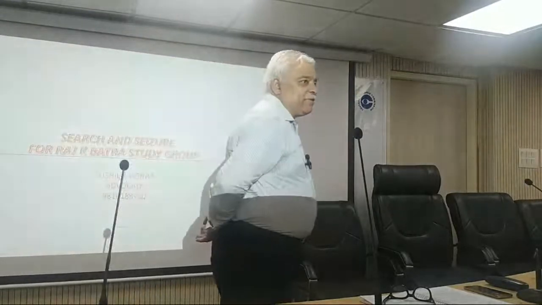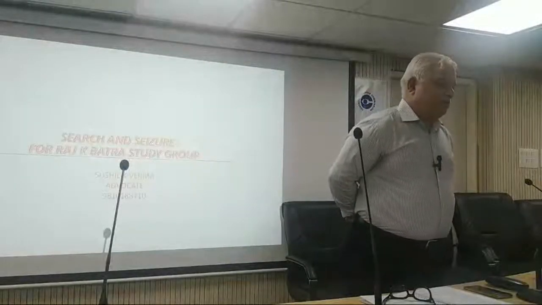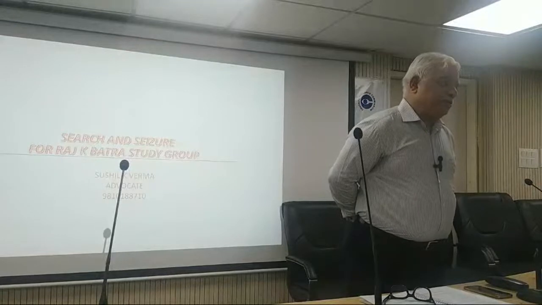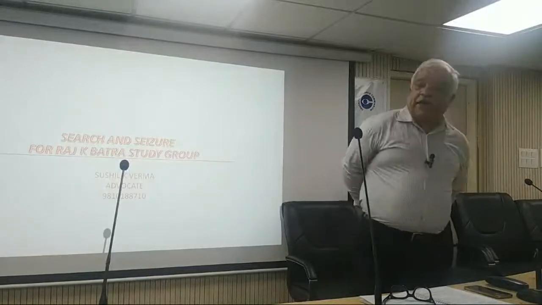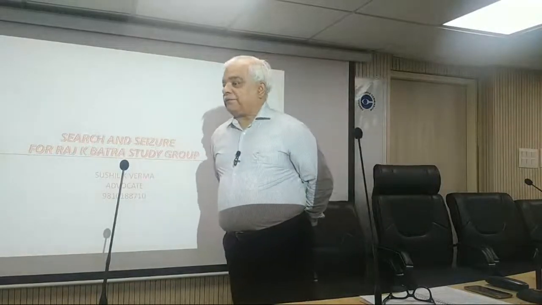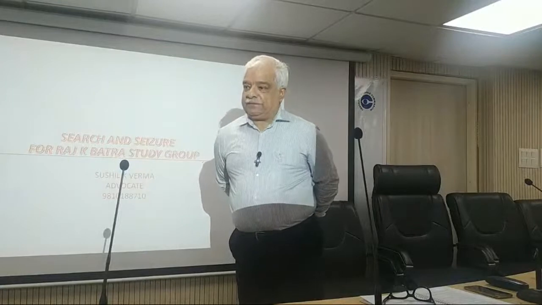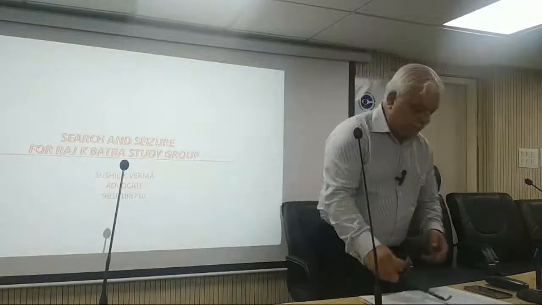The proper officer for the purpose of section 67(1) is an officer not below the rank of joint commissioner. He has to form the opinion. That is, even if the assistant commissioner puts up a report, he still has to write his opinion: I am also of the opinion that what is written is correct. Then it becomes his opinion. He will also, based on some survey, something must have happened, he will believe in it.